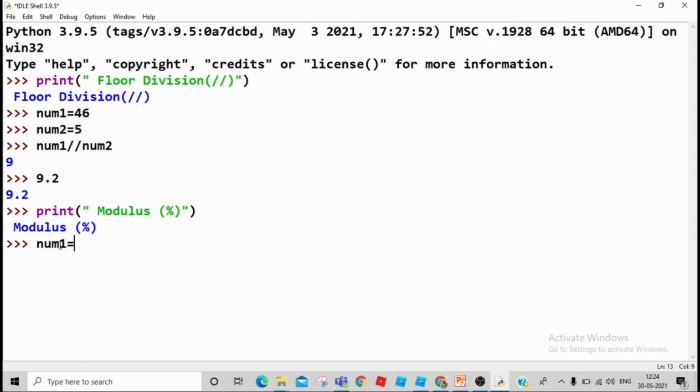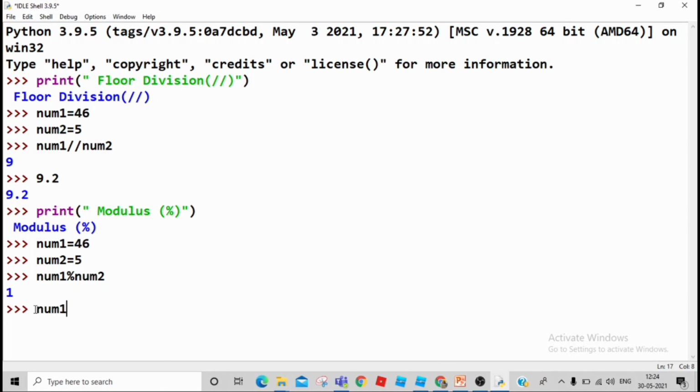I will give you an example like 46, and 5. So now I'm going to print number 1 modulus number 2. Here comes 1. So 1 is our remainder, so our answer comes as 1. But now you might be wondering, what if the number does not have any remainder?